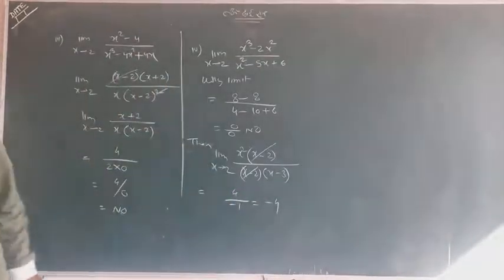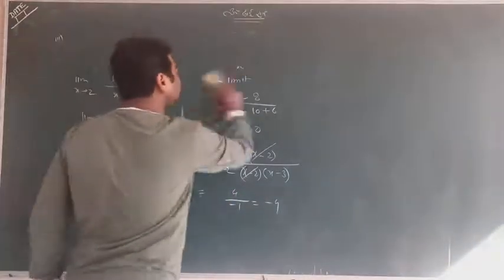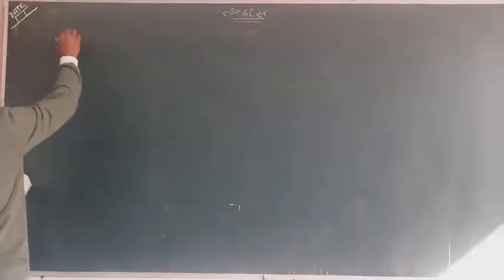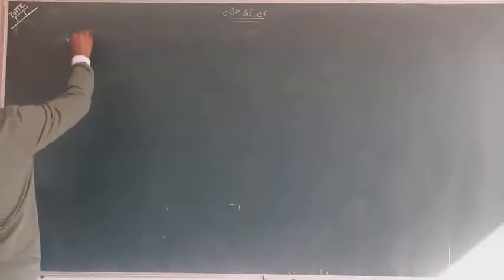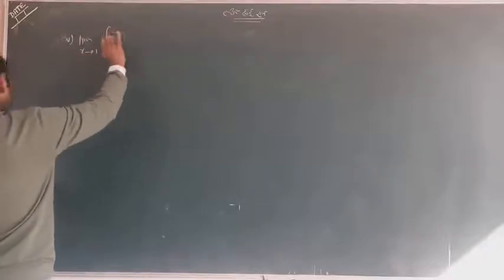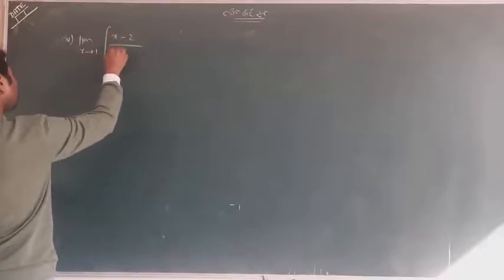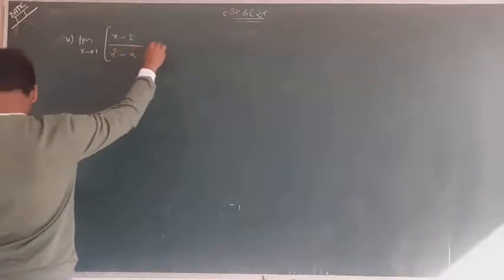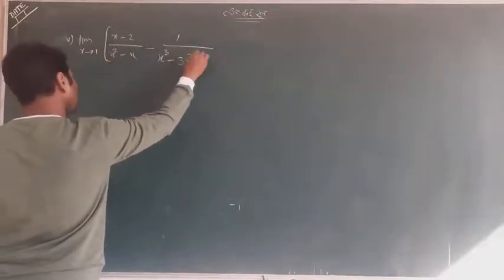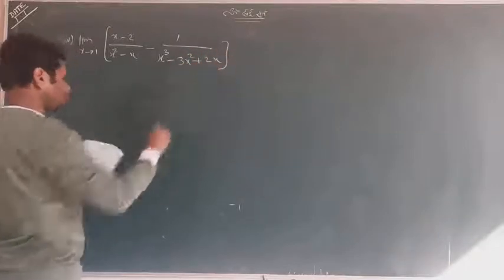Nothing hard. The last question I will also tell you, the fifth question. From the question, example number 2, x tends to 1. This seems a little bit, not so hard. 1 upon... This is the question.